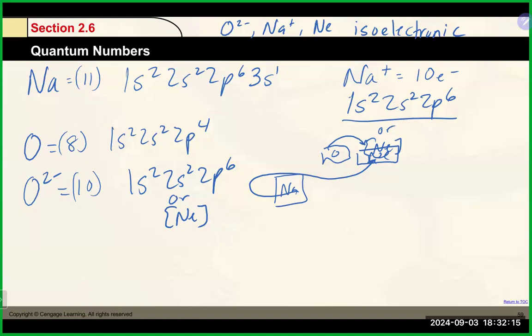The bonus question here is, does sodium with a +1 charge become neon? It does not become neon. It is still sodium, because the important subatomic particle that determines what element it is, protons, electrons, neutrons, which one determines? It is protons, the atomic number.